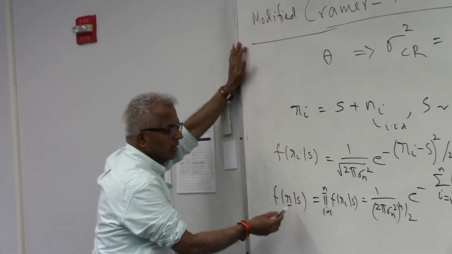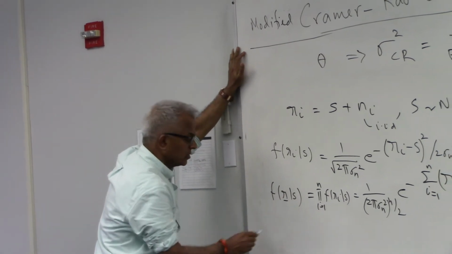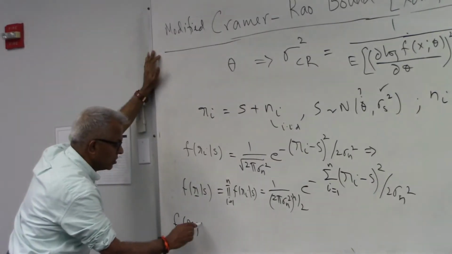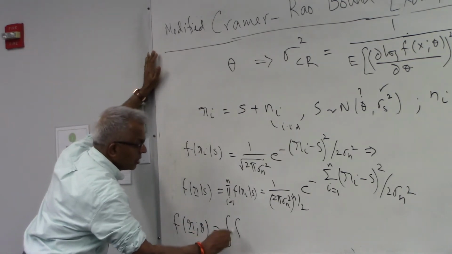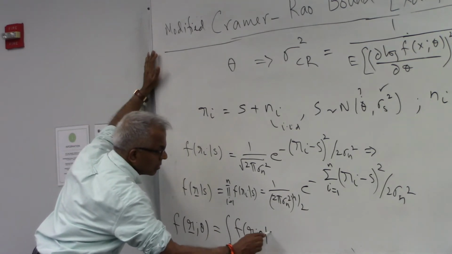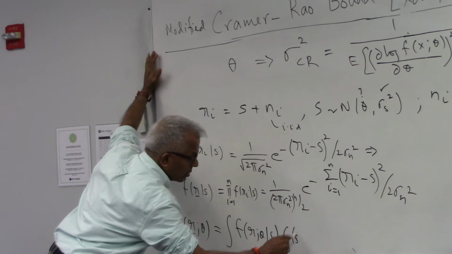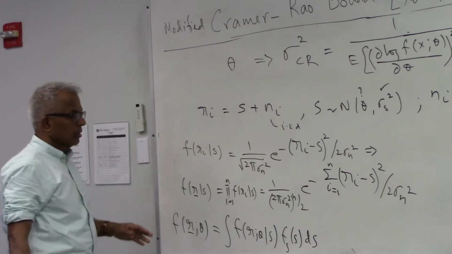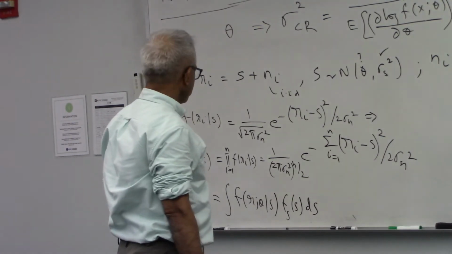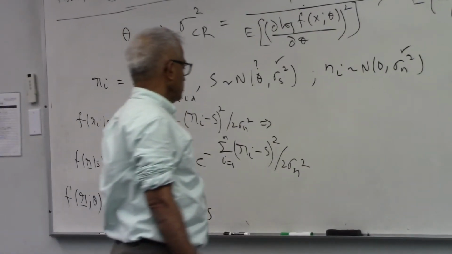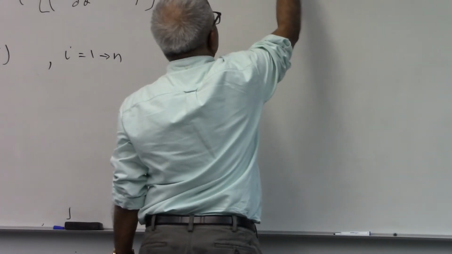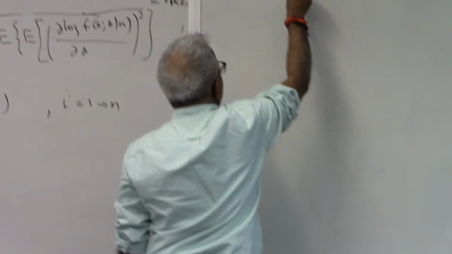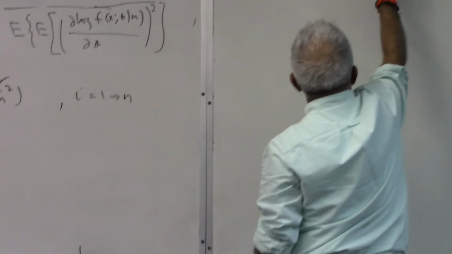So in the final step I'll multiply this with f of S and integrate out S. So what I am looking for is the joint density function, which I'll write as a function of theta, f of r given theta.